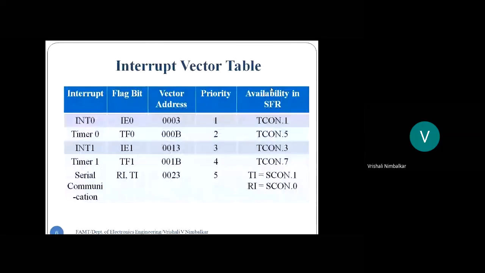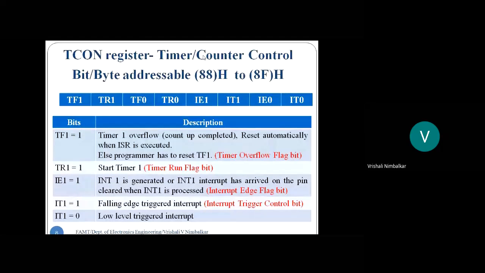So then we saw those flag bits for int0, int1 and timer 0, timer 1. Those flag bits are available in the TCON register, at the odd number bits. TF1 is bit 7, TF0 is bit 5, next is IE1, and then the other one is IE0. So that is bit 1, bit 3, bit 5 and bit 7.